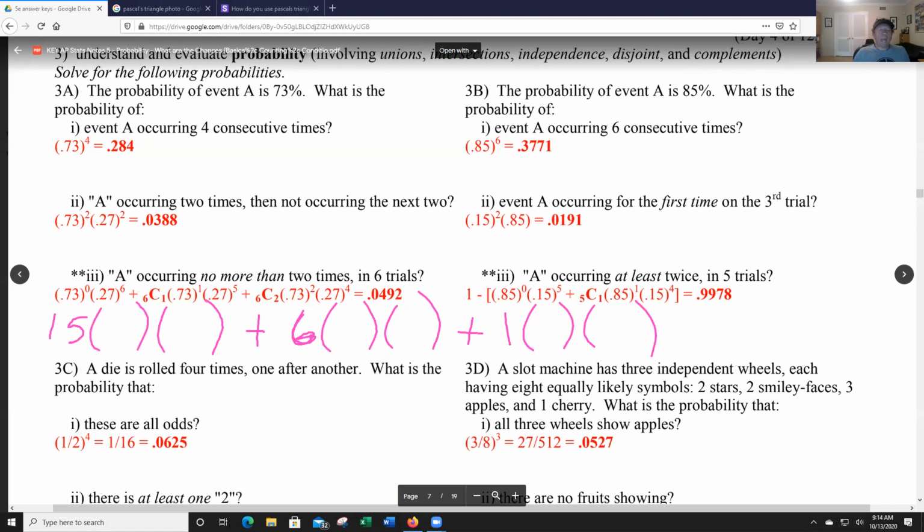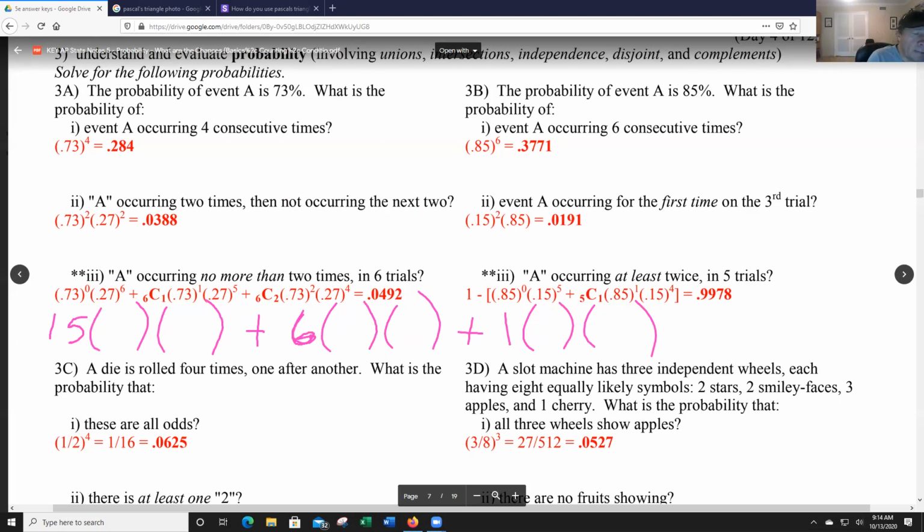So there's actually 15 ways for this situation to occur twice in 6 trials. For example, it could happen on the first trial and the second trial, the first trial and the third trial, the first trial and the fourth trial, the first trial and the fifth trial, the first trial and the sixth trial. If I go through all those sequences, there's 15 of them, okay?